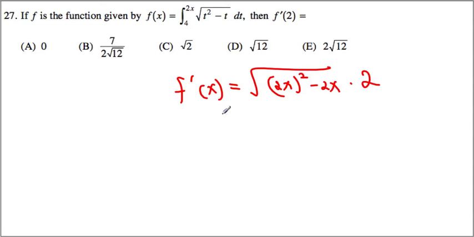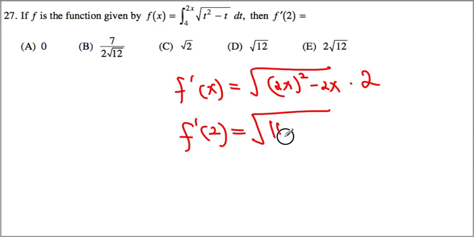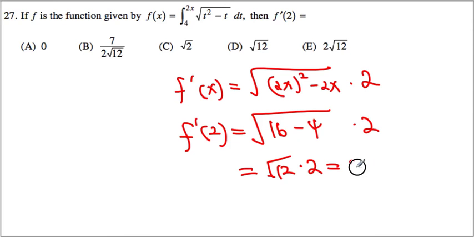Then once you plug in 2 in that place, f prime of 2 becomes square root of 16 minus 4 times 2, which will be equal to square root of 12 times 2. Square root of 12 is 2 square root of 3 times 2 becomes 4 square root of 3.